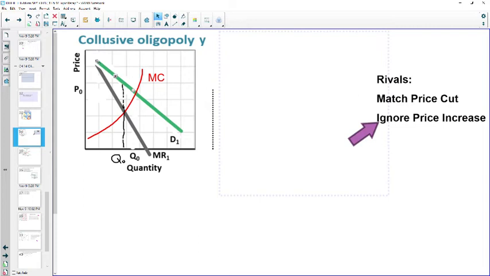But if we decide to raise prices, we're going to be moving up along this curve. We think we're going to be moving up along this curve, but we're not, because we're going to cut off the top part of our demand curve and lose a lot of business. We're going to lose a ton of business here because our rivals are going to ignore the price increase and they're going to steal business.